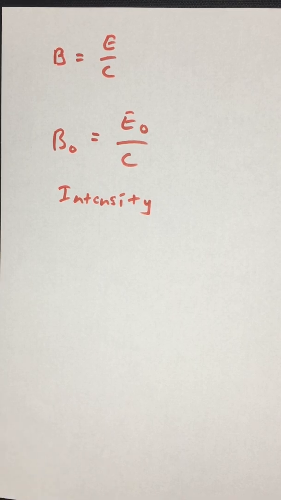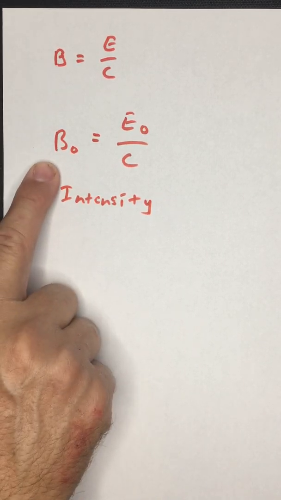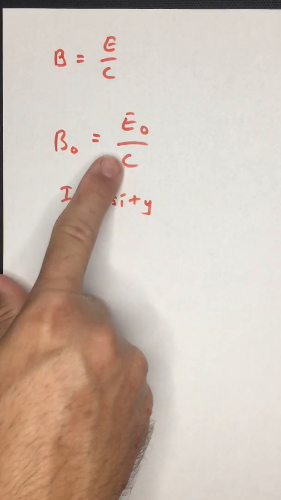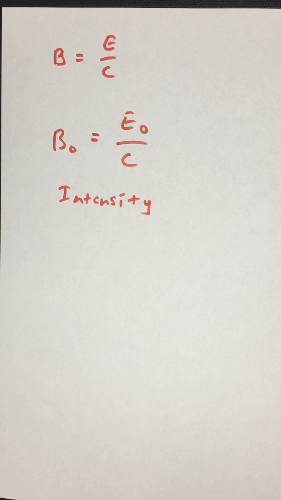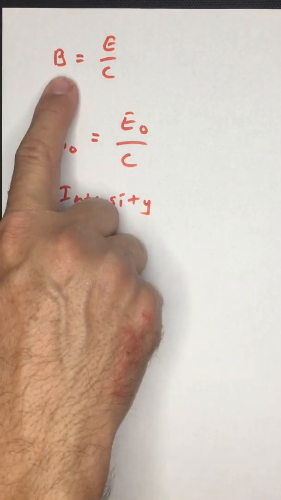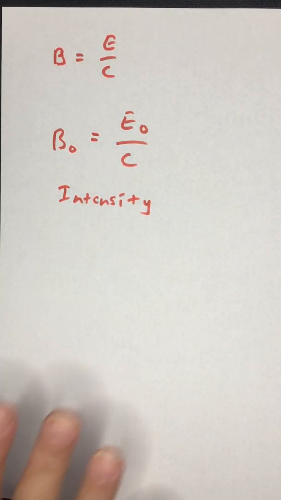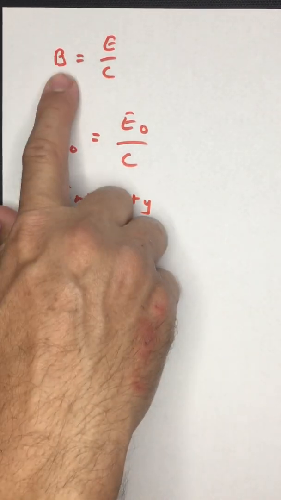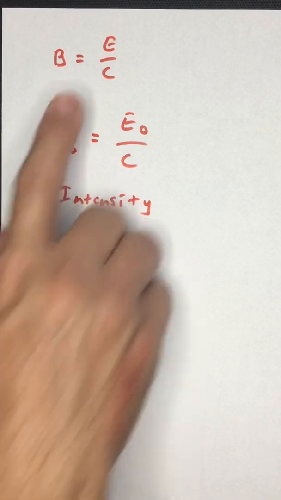But because we have two different changing fields here, we have a wave component made up of a changing B field and a changing E field, you have to ask yourself, okay, well, if I'm looking for the intensity, doesn't that change, first of all, because B and E are both changing in time, and the answer is yes. And then the other one is, well, which one do I look at? Do I look at the B field to determine the intensity?